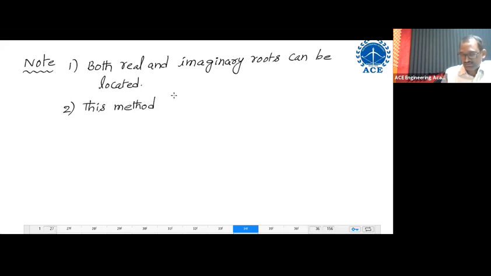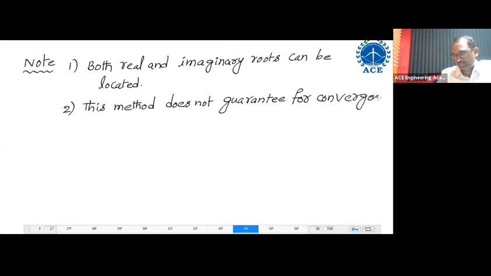This method doesn't guarantee convergence. How many approximations are required?